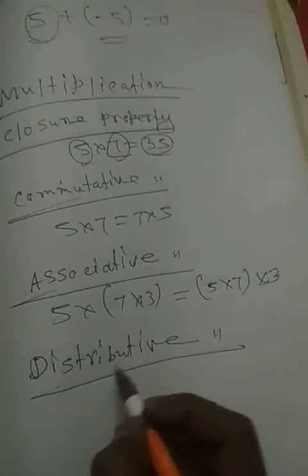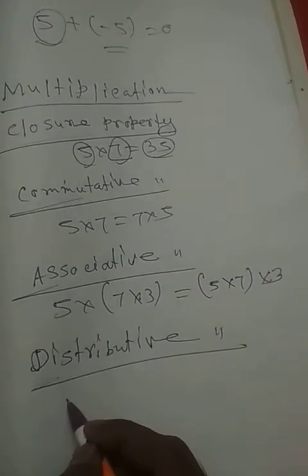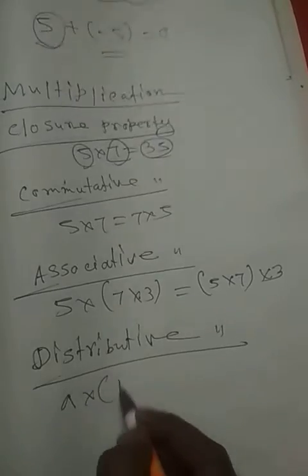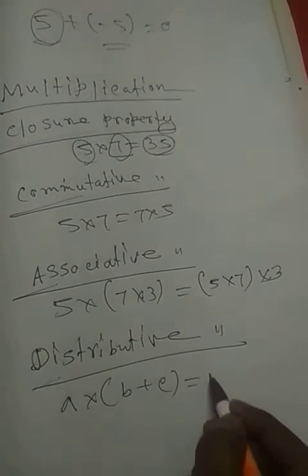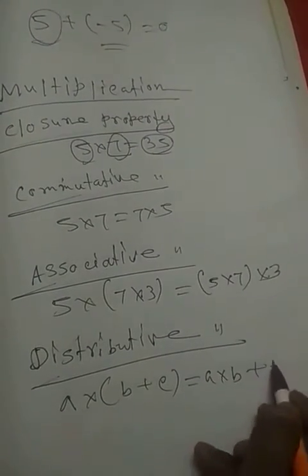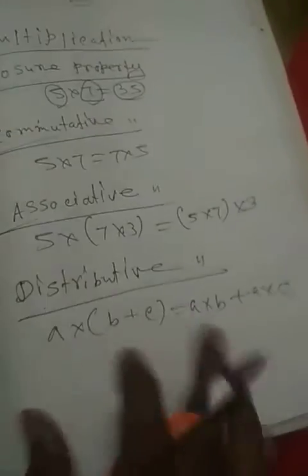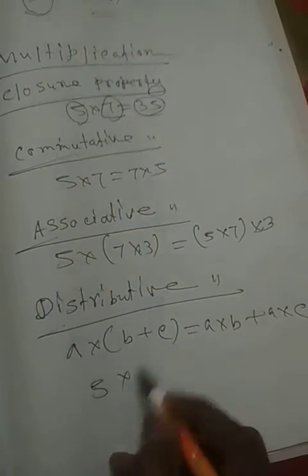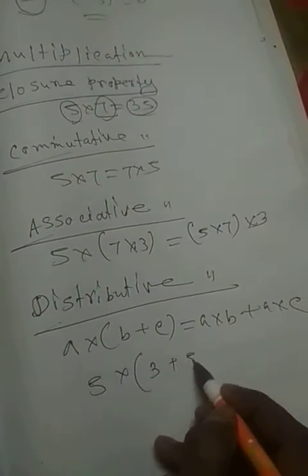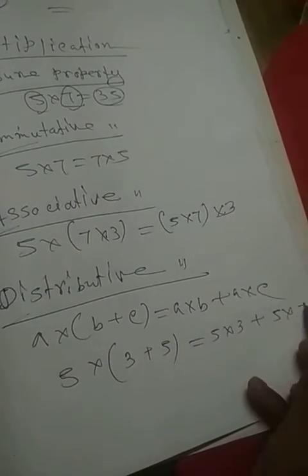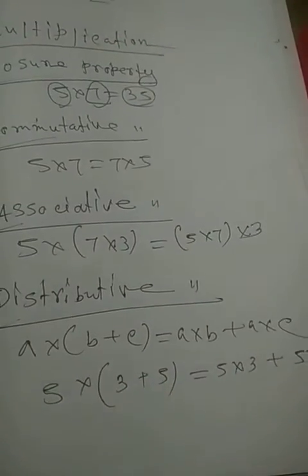This property of multiplication says a into b plus c equals a into b plus a into c. It means 5 into 3 plus 5 equals 5 into 3 plus 5 into 5. This is the distributive property of multiplication.